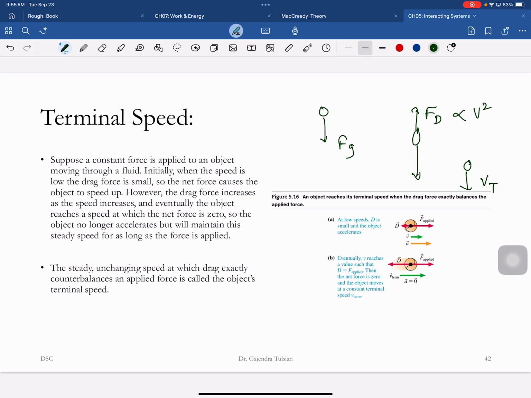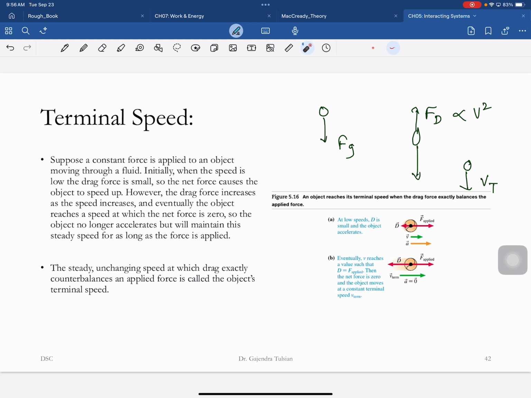You can drop any object in air, and everything will reach terminal velocity. This can happen if you throw an object horizontally. If a fish is swimming in water, this is the applied force, there's the drag force, and when the drag force equals the applied force, then the fish has reached terminal velocity.